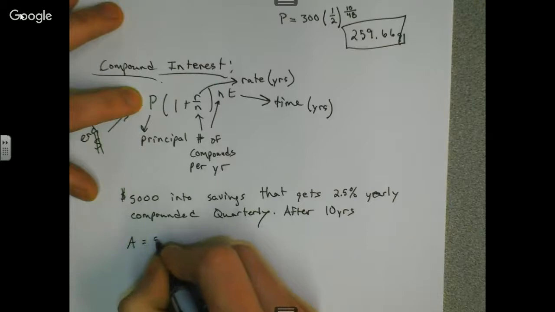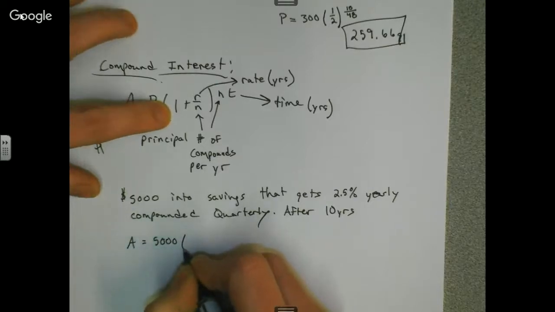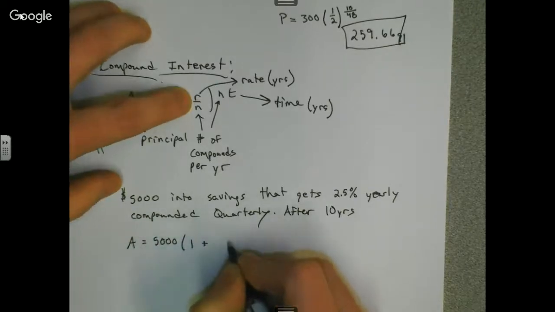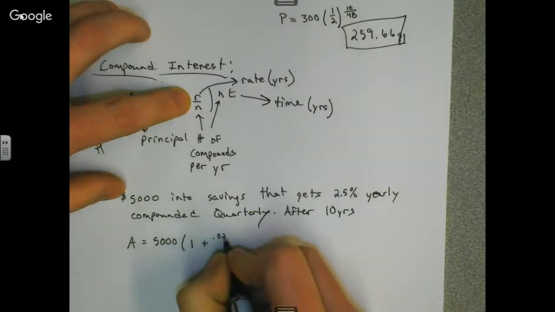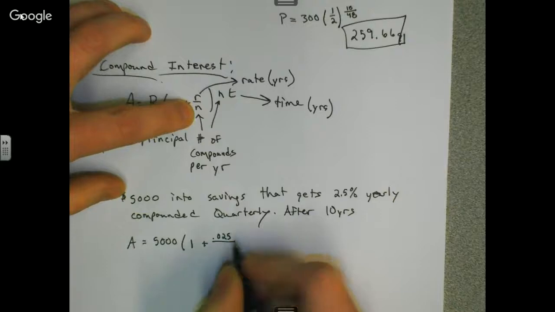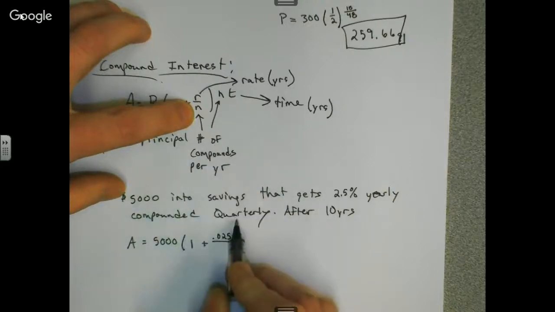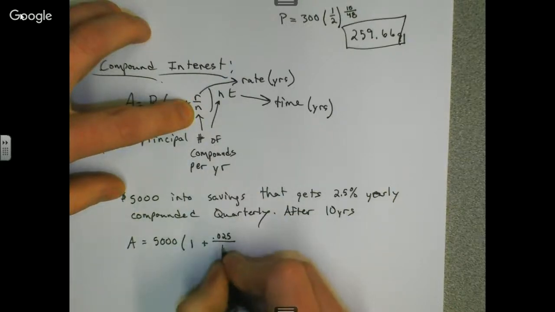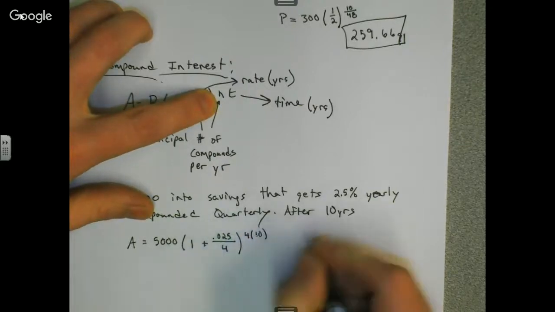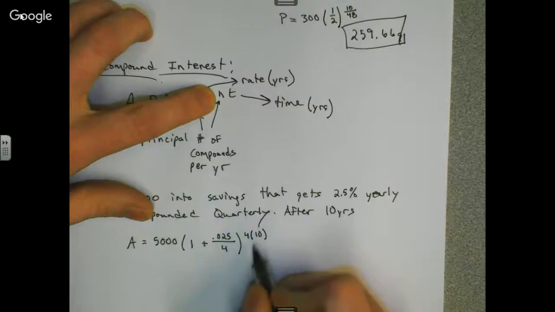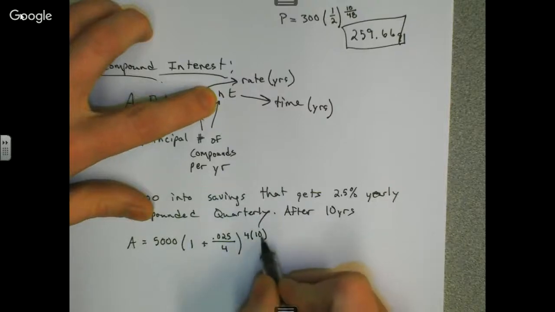The principal is $5,000. 1 plus my interest rate is 2.5%, so that's 0.025 over the number of compounds per year. There are 4 quarters in a year, so that's a 4. And I have 4 times 10. So N is the number of compounds, which is the 4 again. 10 is the time in years.